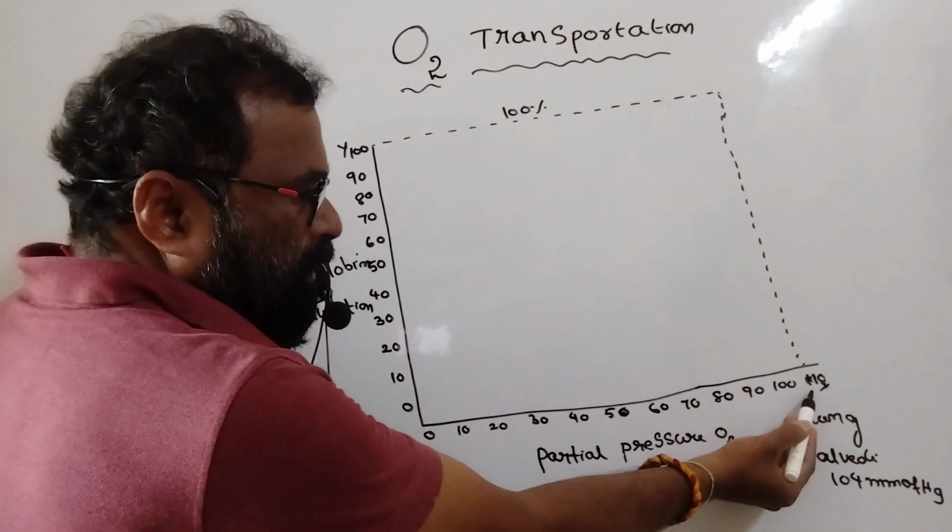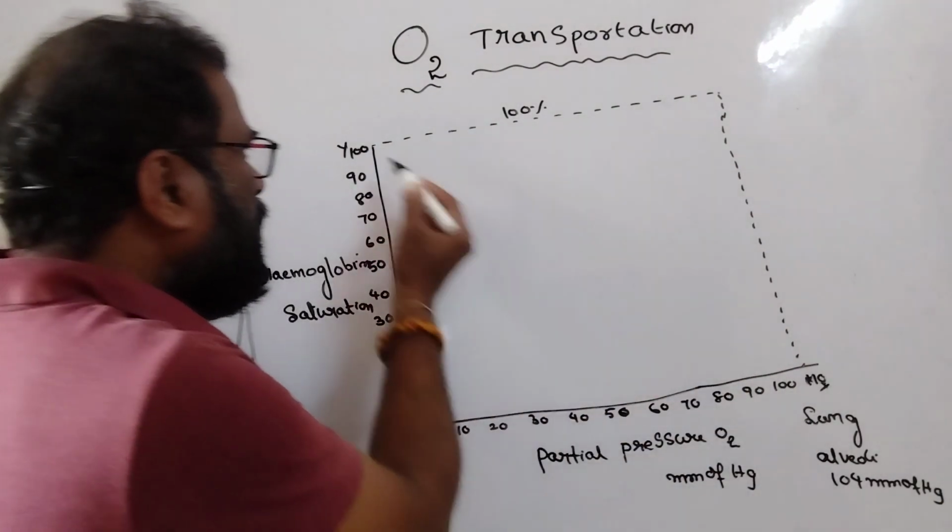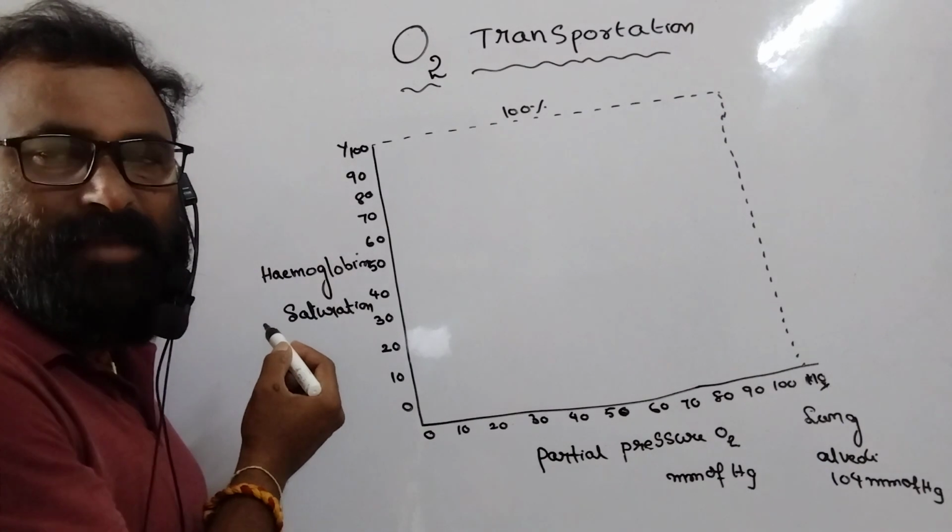At 104 mm of Hg in lung alveoli, 100% of hemoglobin is saturated.